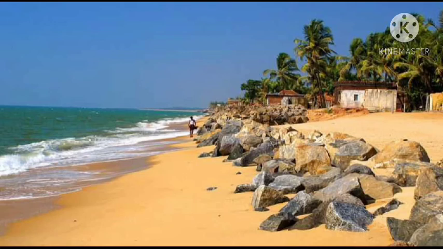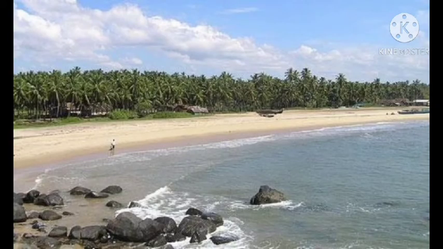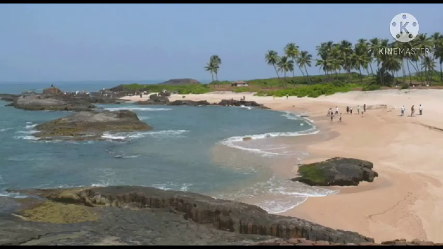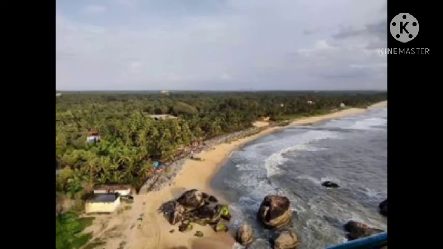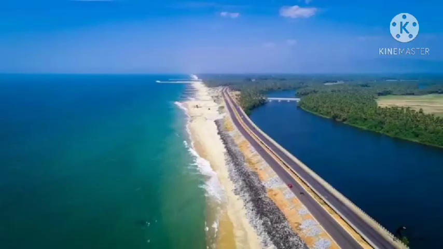The Ullal beach, Malpe beach, Kapu beach, Om beach and Maravanthe beaches of Karnataka are very attractive and beautiful. People visit these beaches very often.